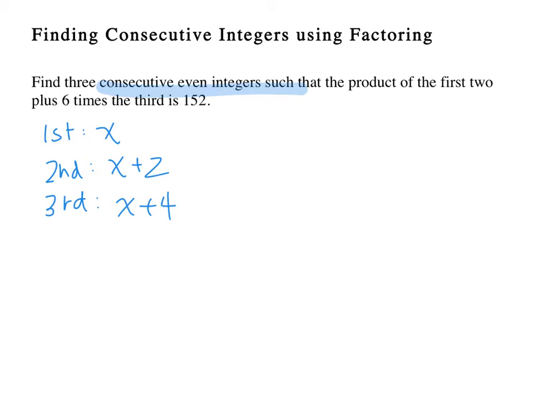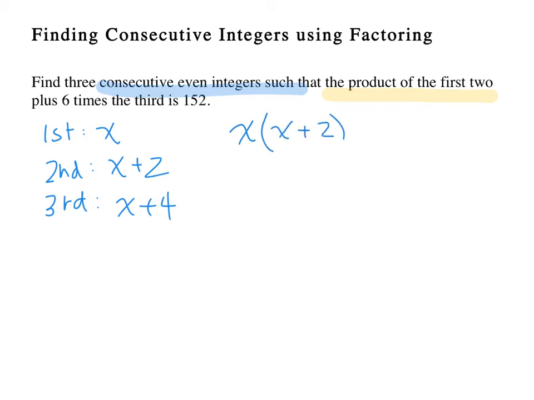From here, now that I have my expressions set for my first, second, and third integers, I can set up my equation using whatever I have left in this sentence. The product of the first two, my first and second: I can already write that out. x times x plus 2.